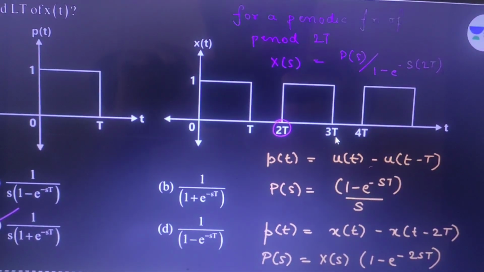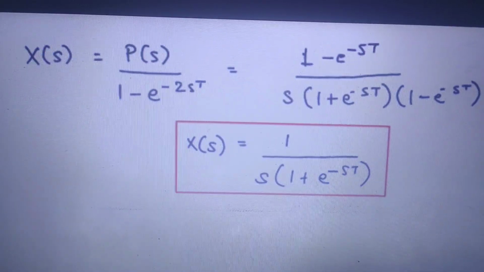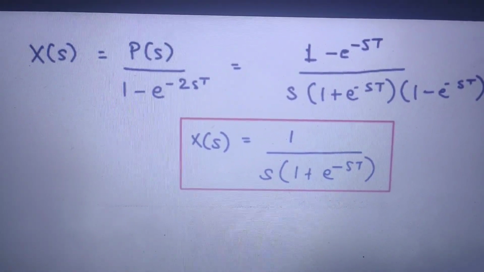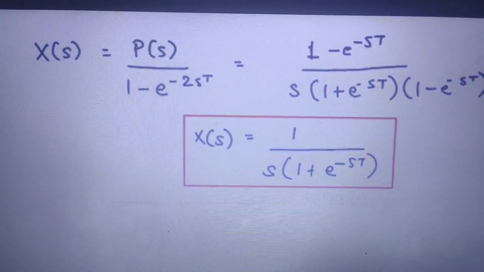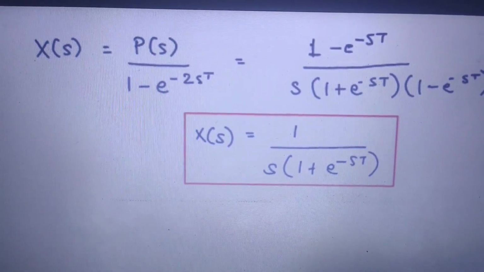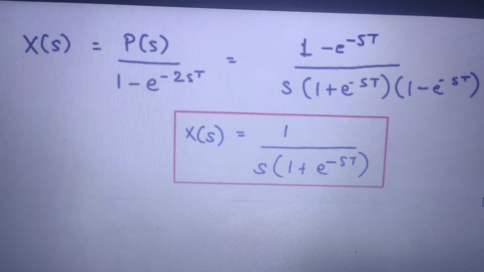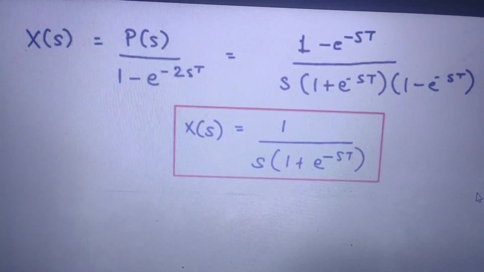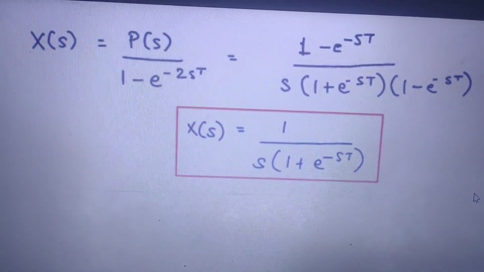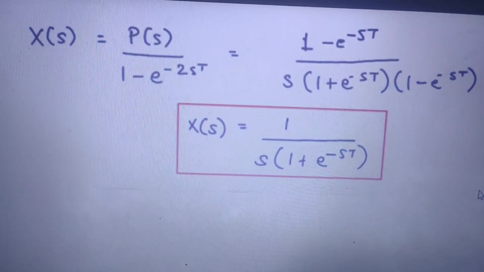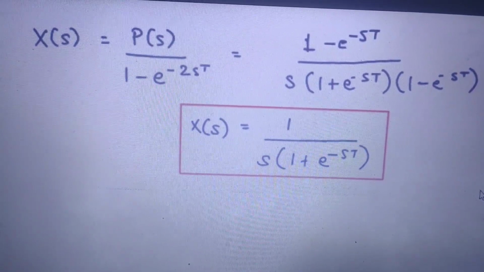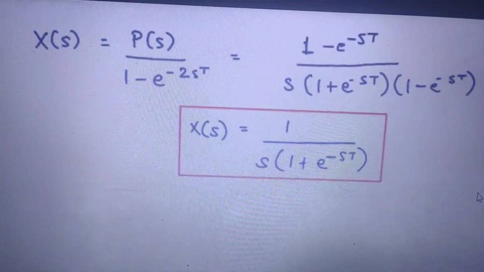Now by writing X of s is equal to P of s by 1 minus e power minus 2sT, you can write it as 1 plus e power minus sT into 1 minus e power minus sT, so that you will get X of s is equal to 1 by s into 1 plus e power minus sT.